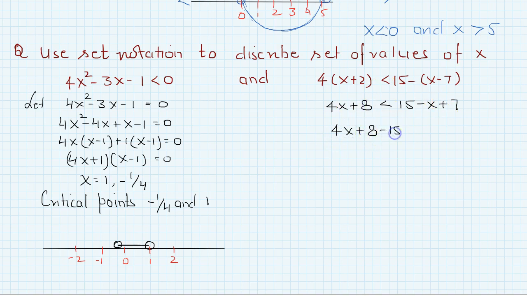Minus 15 plus x minus 7 is less than 0. 4x plus x will be 5x. Then this is minus 15 and minus 7 plus 8, this is plus 7, this will become minus 7.